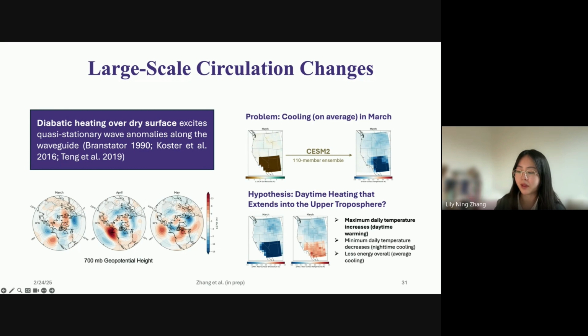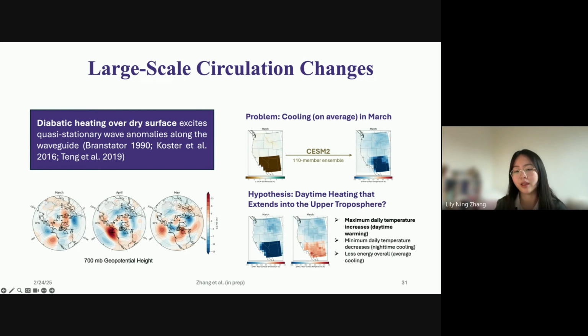So as a result of drying the soil, there's this wider diurnal temperature range where we have greater heating during the daytime, and then at night there's more cooling, and overall there's less energy in the system, so that's why we see the cooling response in the average.